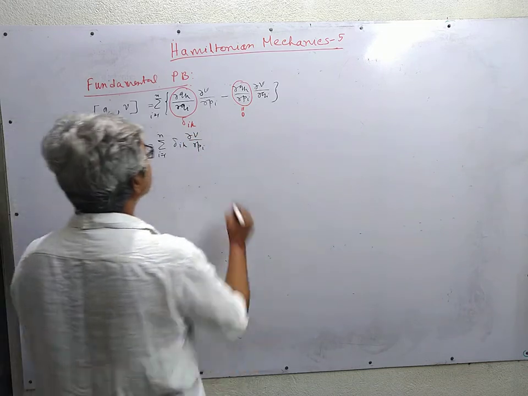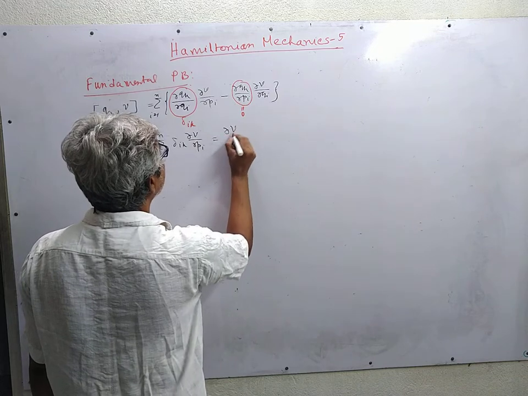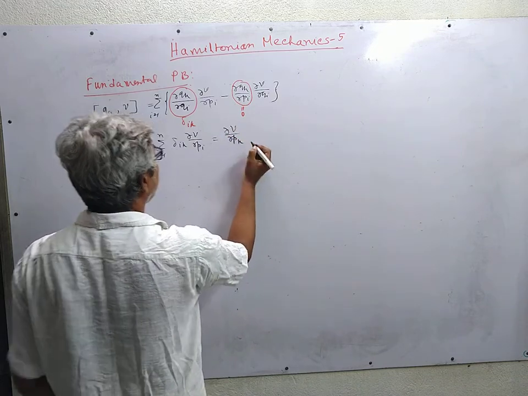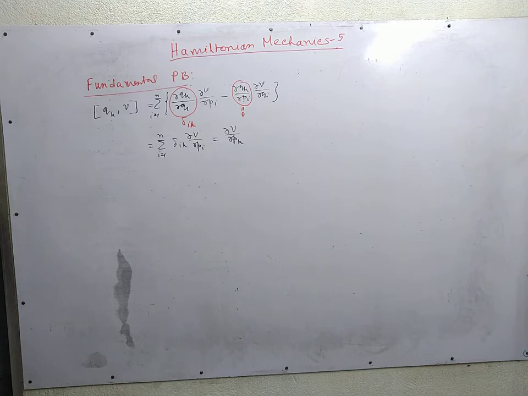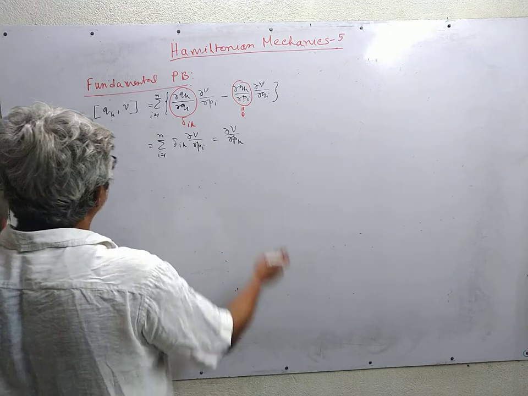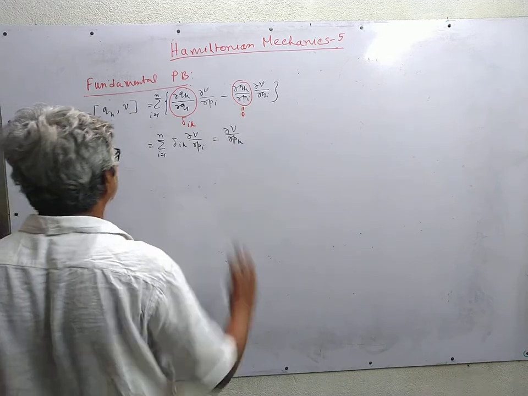When the sum is carried out, this is simply ∂v/∂pk. This is one of the relations, and if you reverse the order, a minus sign will come.